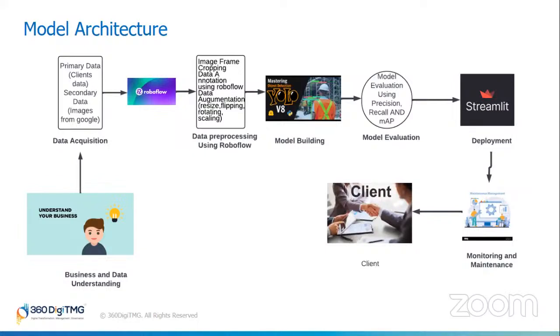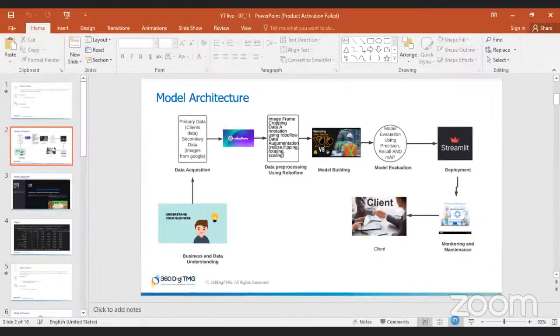The primary data is what we have collected. The client has given us raw data, and then we have secondary data available from images or from Google. RoboFlow is the technique that we are going forward with. We have data pre-processing and image flowing in that.